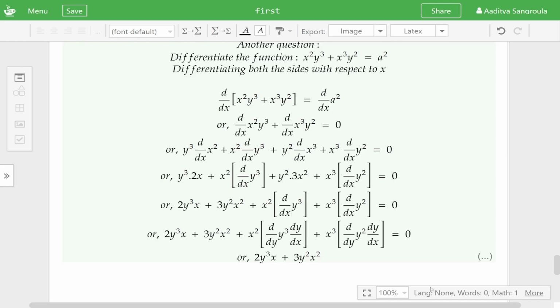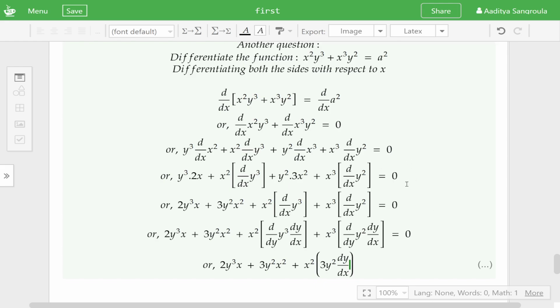After you copy the entire step, what you do is add what you need to add, this thing. Let's just add this x squared, and now the derivative of y cubed is 3y squared with respect to y, of course, times dy over dx.